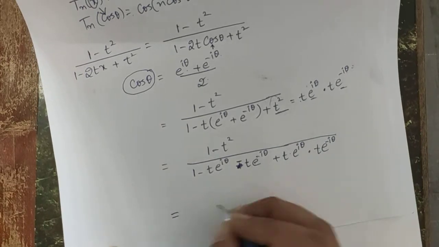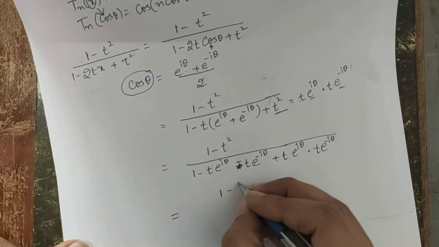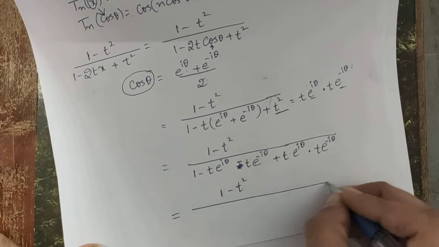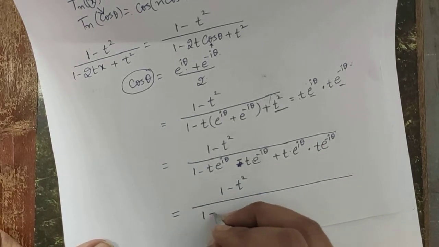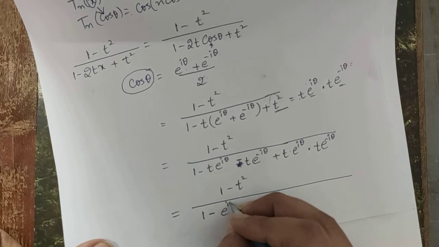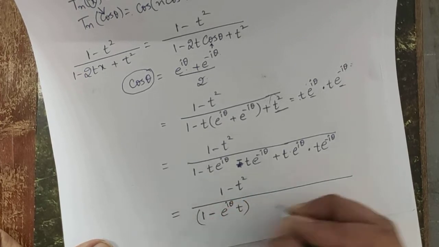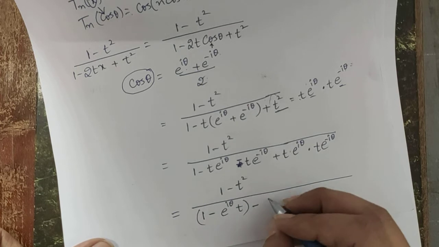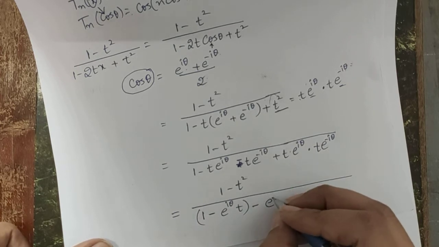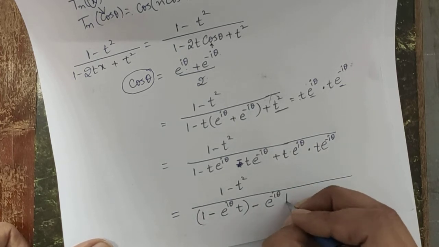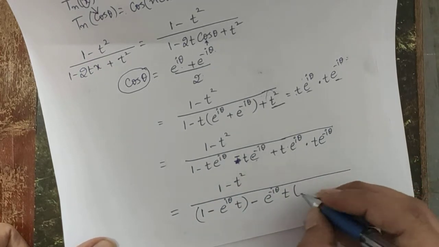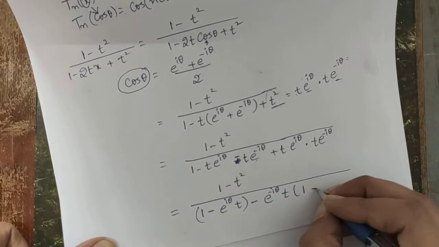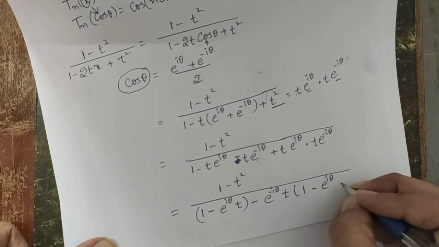So this will be equal to (1 minus t square) whole divided by 1 minus e power i theta into t, minus e power minus i theta into t, plus the product term. If I take t into e power minus i theta as common, I will get 1 minus e power i theta into t.